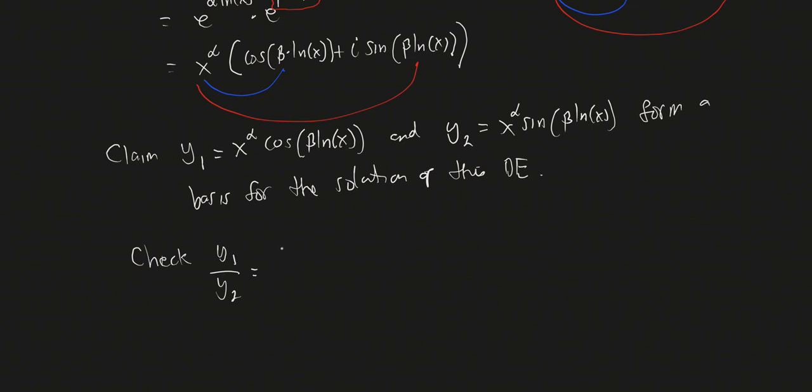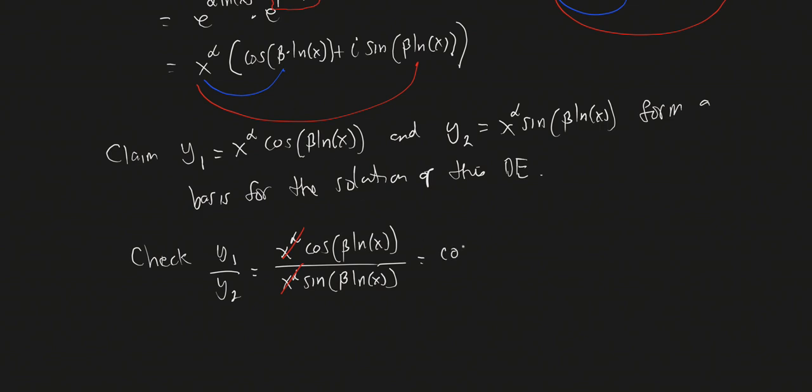So if we take x to the alpha cosine of beta natural log of x divided by x to the alpha sine of beta natural log of x. Now remember, since x is always positive, I can reduce the x to the alpha, so that factor reduces, and then I have cosine over sine, but cosine over sine is cotangent.